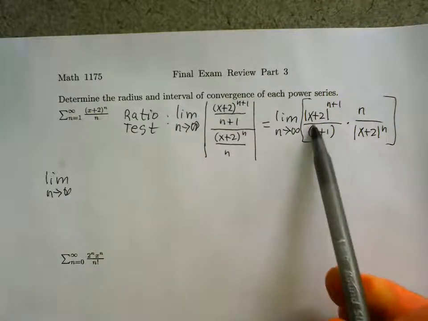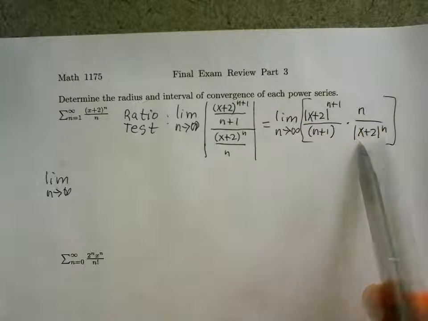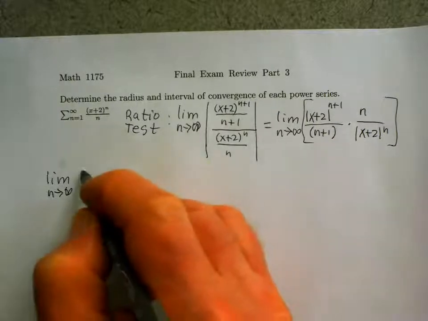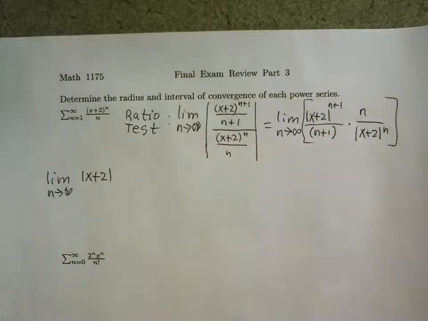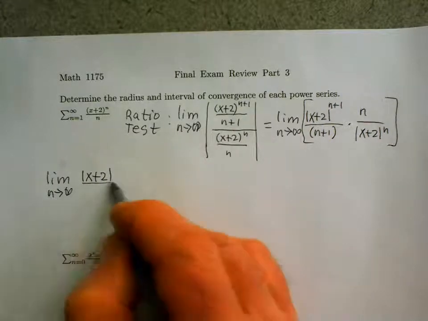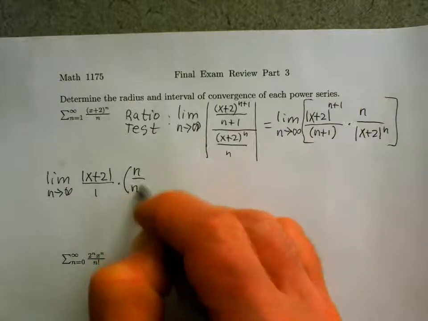The absolute value of (x+2)^(n+1) divided by the absolute value of (x+2)^n simplifies to the absolute value of x+2 to the first. And then we're multiplying that by n over n+1.